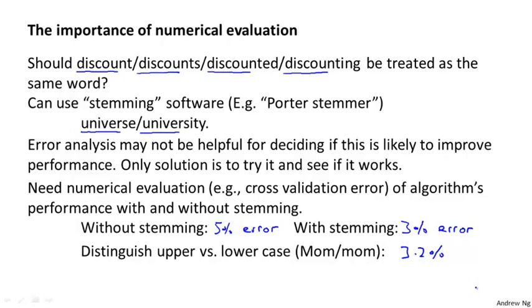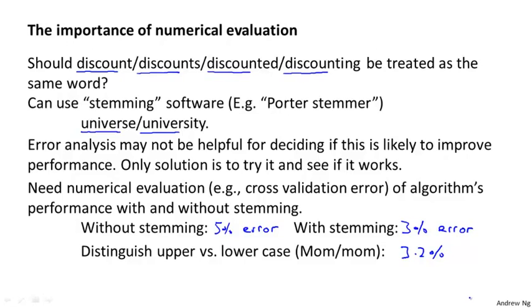So when you're developing a learning algorithm, very often you'll be trying out lots of new ideas and lots of new versions of your learning algorithm. If every time you try out a new idea, you end up manually examining a bunch of examples again to see if it got better or worse, that's going to make it really hard to make decisions on, do you use stemming or not, do you distinguish upper and lowercase or not.